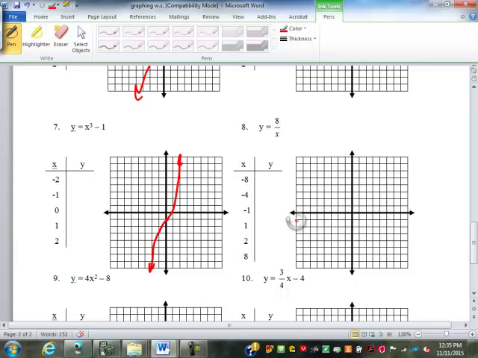Number 8's the tough one. Number 8 has one curve that looks something like that, and one curve that looks something like that. If you put in 0 for x, you get an error.